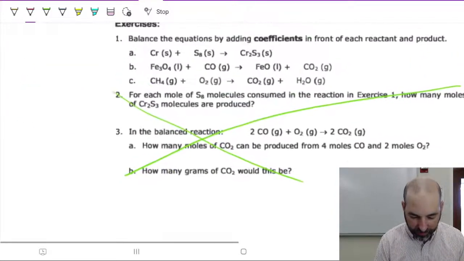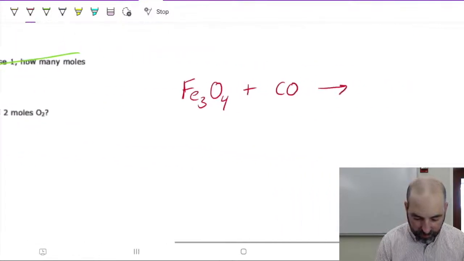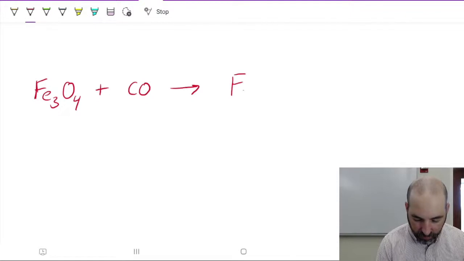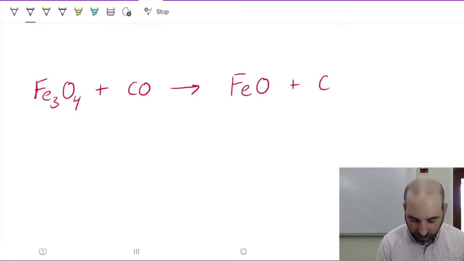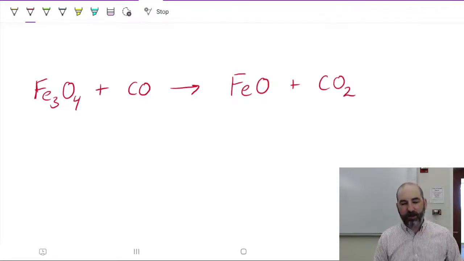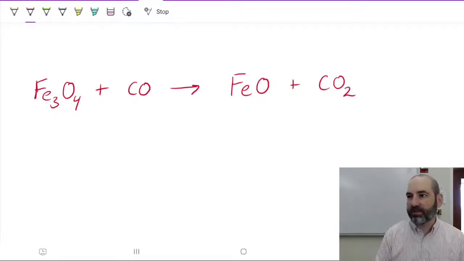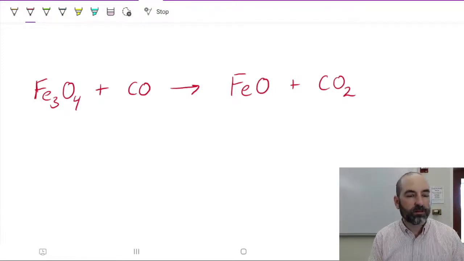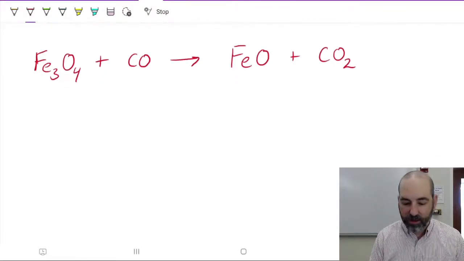I already forgot. FeO plus CO2. Okay. And I'm going to ignore the other parts that are in there, like the states, those little things in parentheses. That tells you if it's solid, liquid, gas. We don't need to know that to balance it, but those are sometimes in chemical equations.